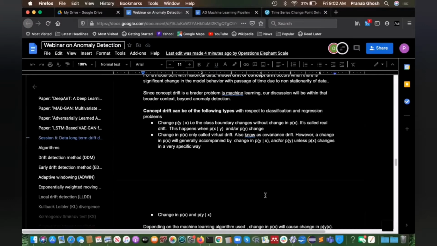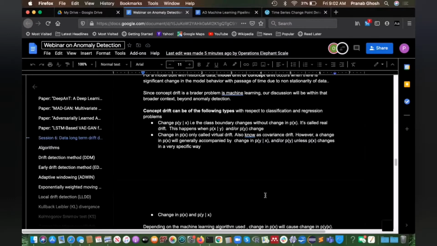Now remember, machine learning really boils down to predicting this probability one way or other. So when that probability itself has changed, whatever the model was built on is not valid anymore. That's when you start seeing higher error rates after you deploy a model.